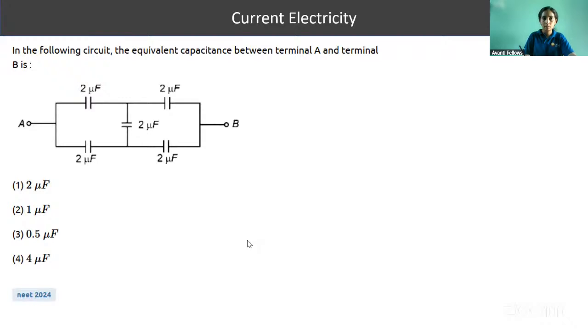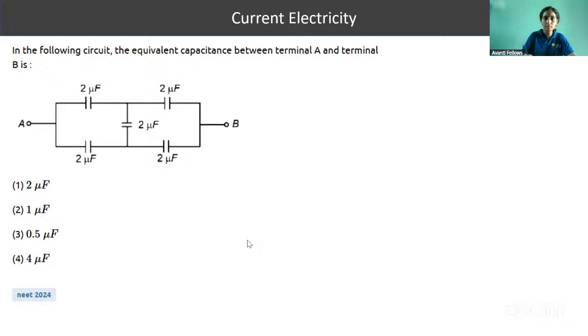Very good. Sharad, solve it properly. Shruti, yes. Puneet, yes. Very good. That's great.